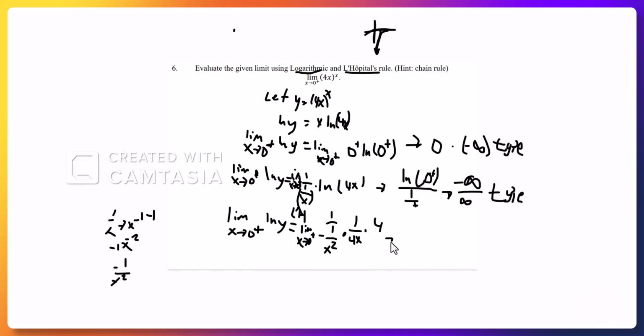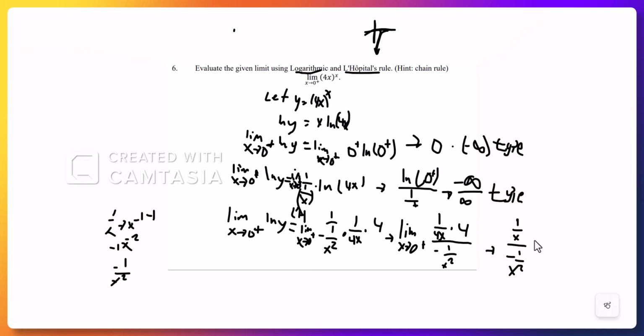Now we're going to set this to the limit. We're going to simplify it so we understand it better. So we're going to have 1 over 4x times 4 over negative 1 over x squared. After we do this, we're going to have 1 over x over negative 1 over x squared.